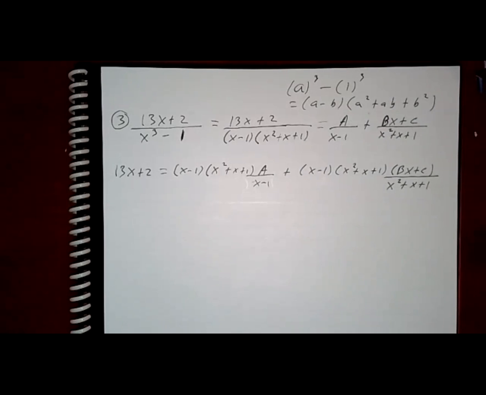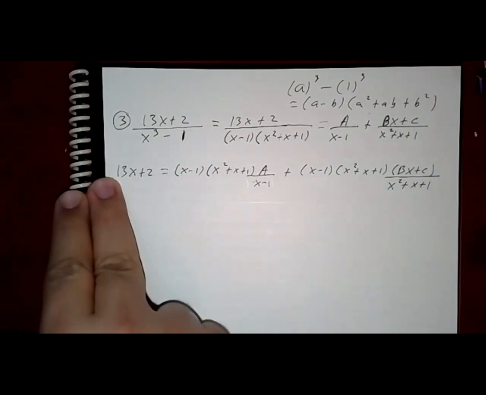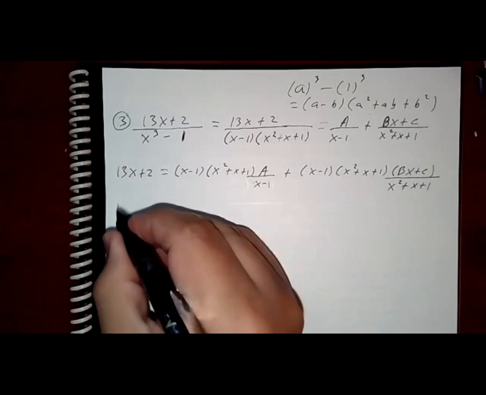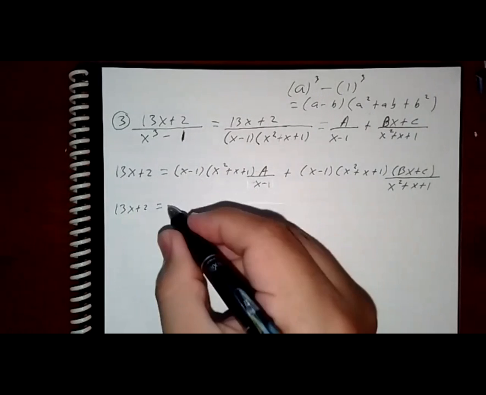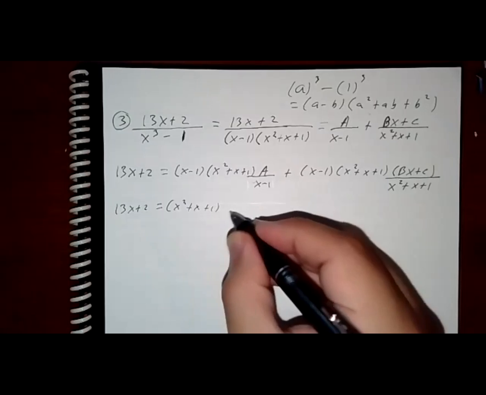Okay. So I'll just pretend I multiplied it on this side too. And then the whole thing canceled, right? I skipped that step. So 13x plus 2 will be equal to, so that canceled, leaving me with x squared plus x plus 1 times the a.